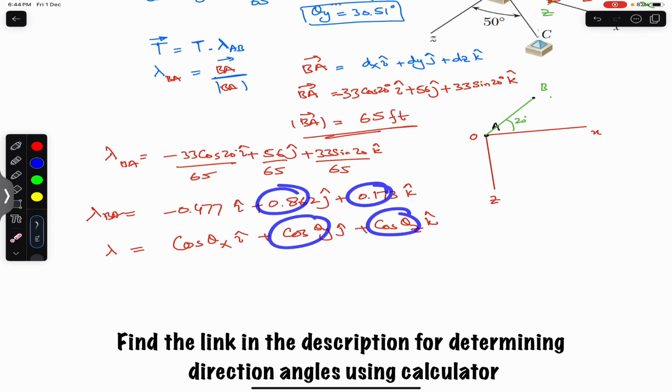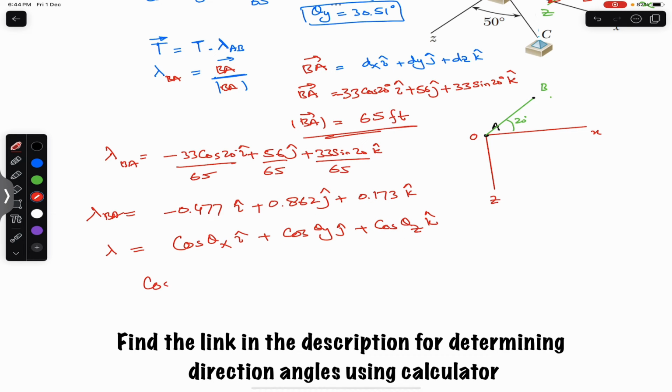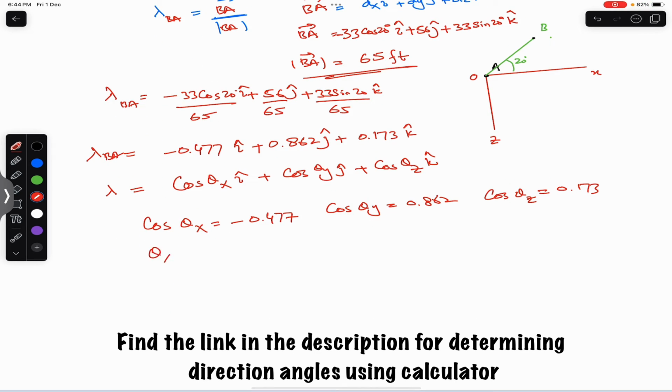So now we can say that cos of theta x is equal to minus 0.477, cos of theta y is 0.862, and cos of theta z is 0.173. And similarly, theta x is equal to cos inverse of minus 0.477, theta y is cos inverse of 0.862, and theta z is cos inverse of 0.173.